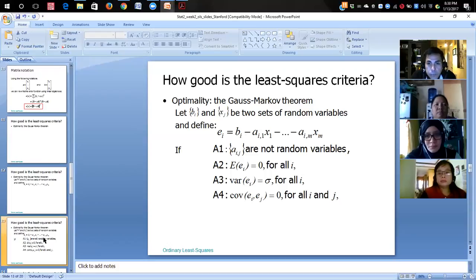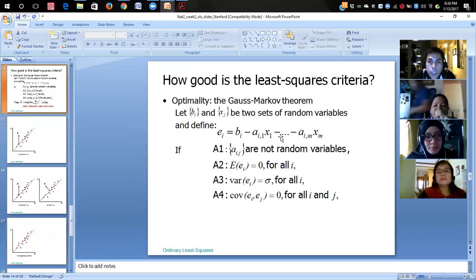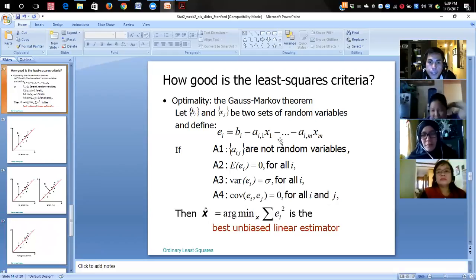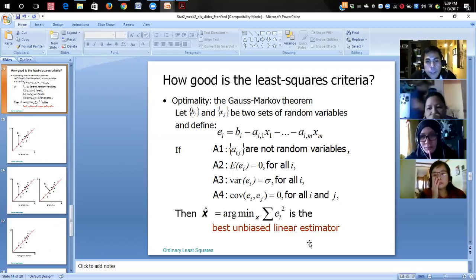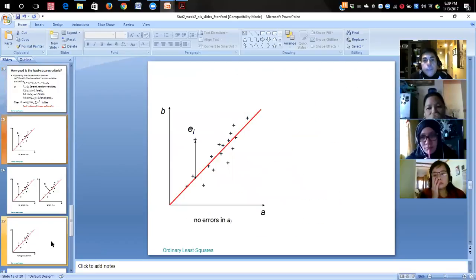And that's best represented by this mathematical expression. And that gives you the product of linear regression, which is BLUE, the best linear unbiased estimator. And this is a very good representation.